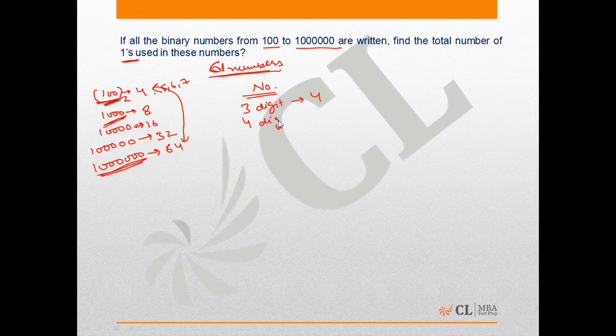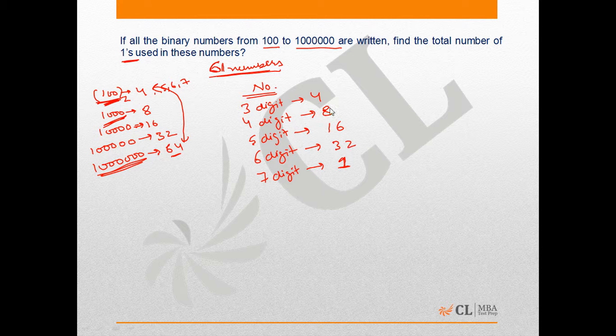So 4-digit numbers in binary are 8 to 15, that is 8 numbers, and 5-digit numbers will be 16 to 31, that is 16 numbers. Similarly, the 6-digit number count is 32, and the 7-digit number is only 1, that is 64 in base 10.